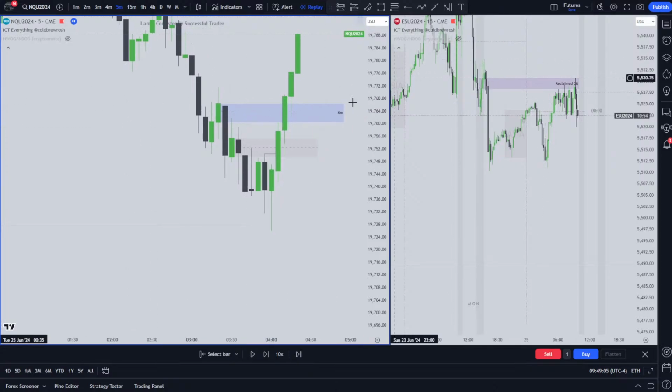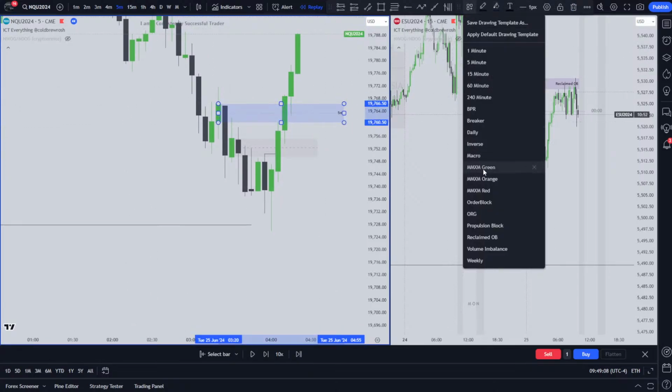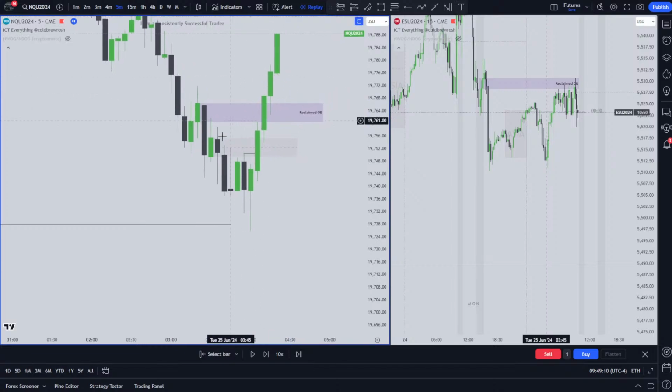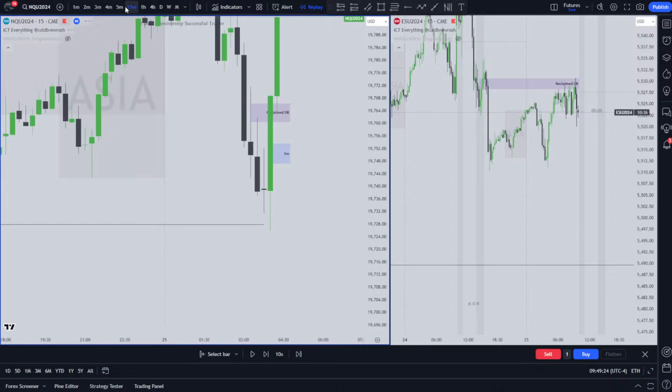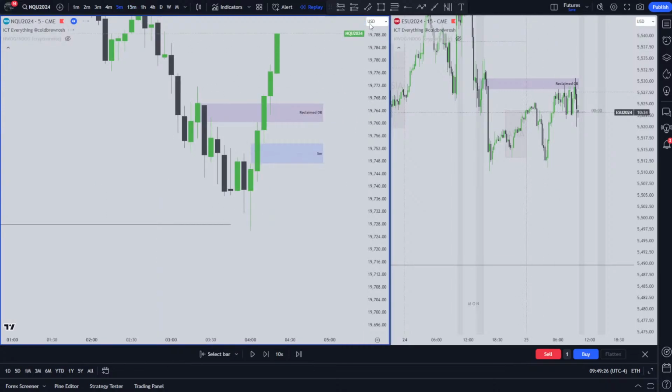No, not 5 minute. These are all the PD arrays you've got below you. So you've got your reclaimed order block. At this point in time, you've got this 5-minute fair value gap. If you wanted to refine, no, the 5-minute is still kind of better. I mean, that order block does look kind of clean.